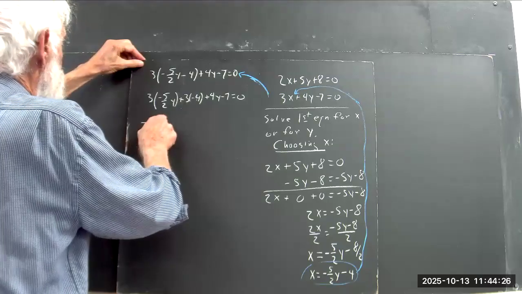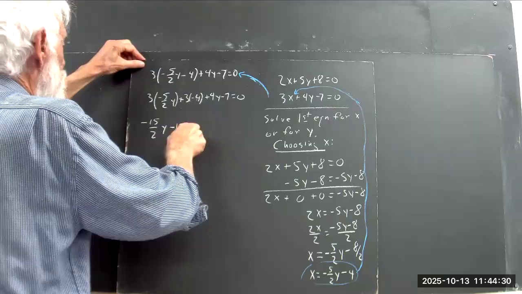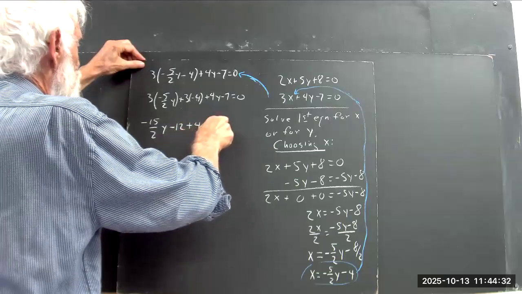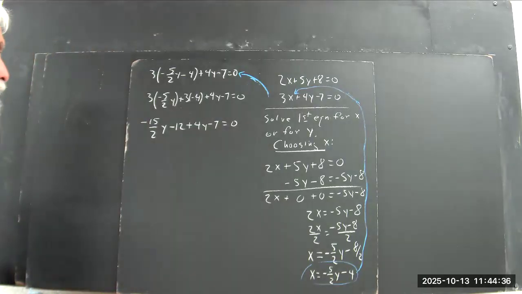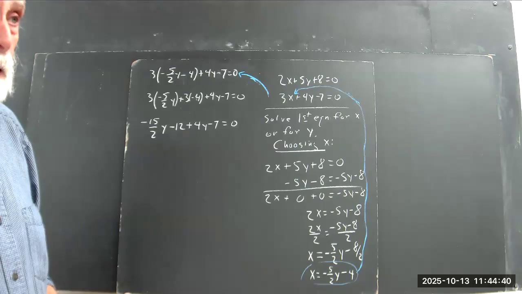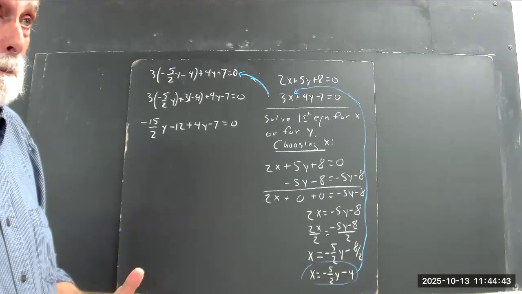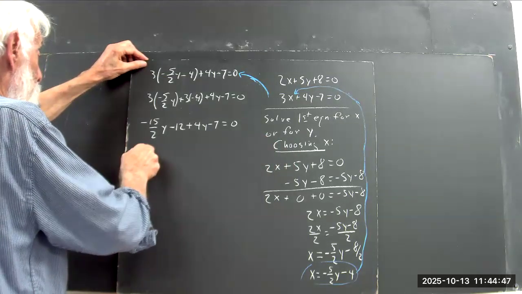We get negative 15 halves y minus 12 plus 4y minus 7 equals 0. Now, avoid the danger of working with fractions when you can avoid it. Multiply both sides by 2.